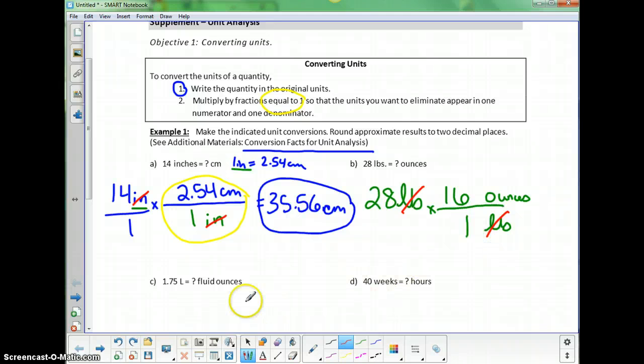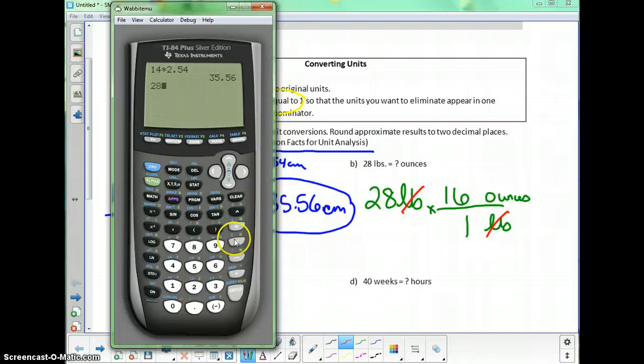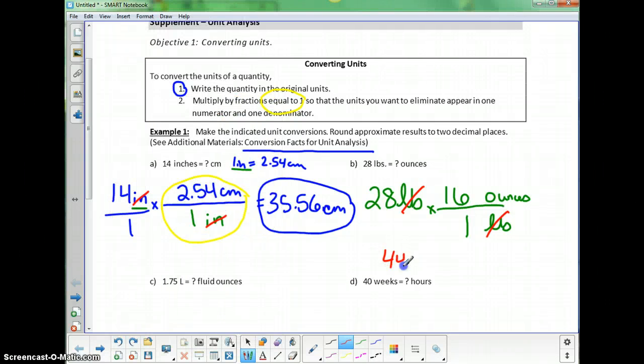Pounds cancel, and I have 28 times 16, which gives us 448 ounces. And OZ is the abbreviation for ounce.